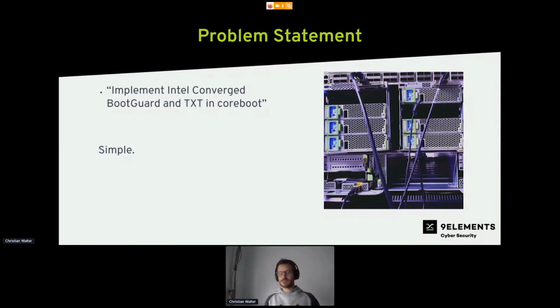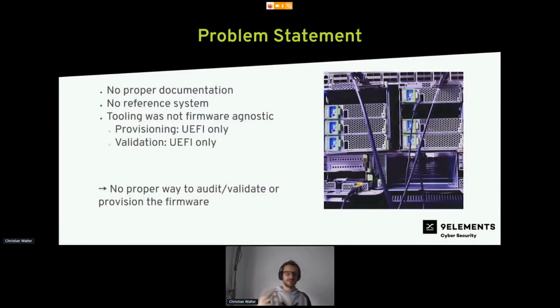So that is simple from a task point of view, right? To implement feature X. However, when we started looking into this, and of course we already had a feeling about it, it's not as simple as it could be. There's no proper documentation about CBT, how it really works deep down.